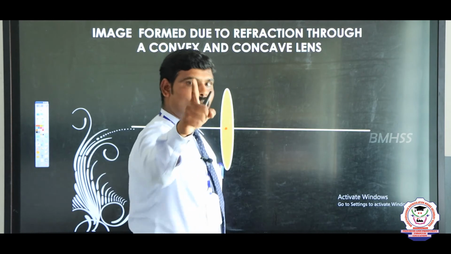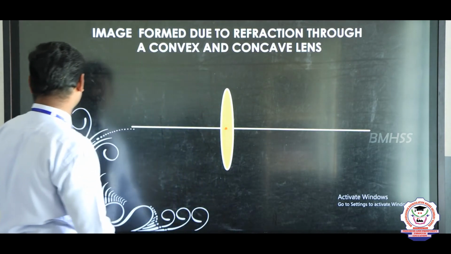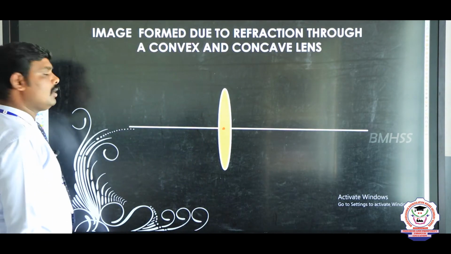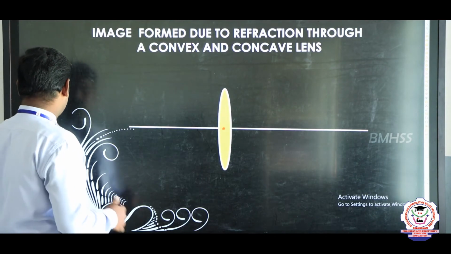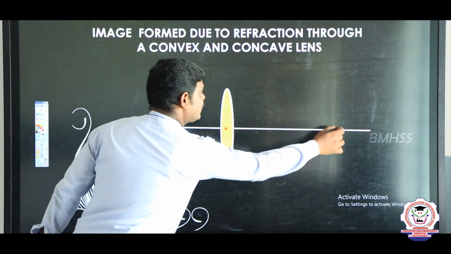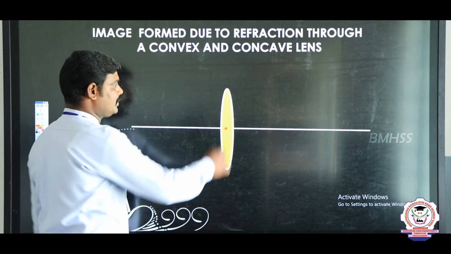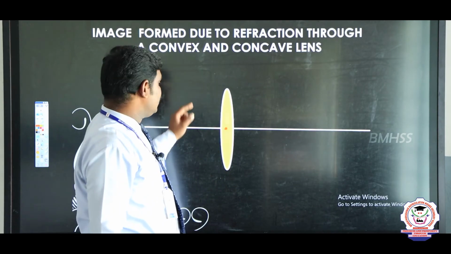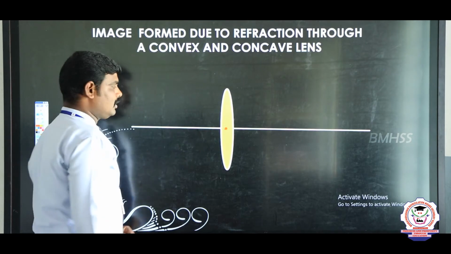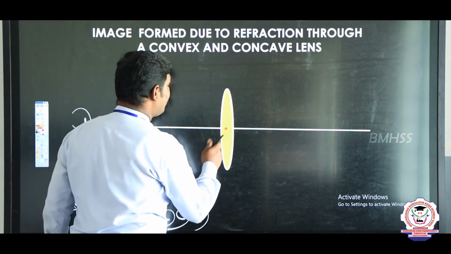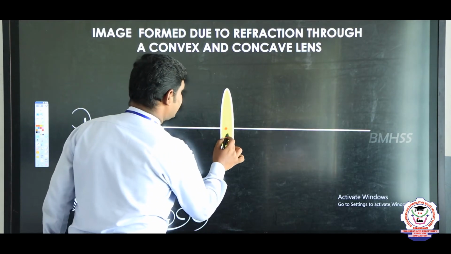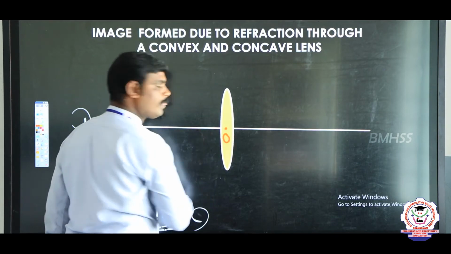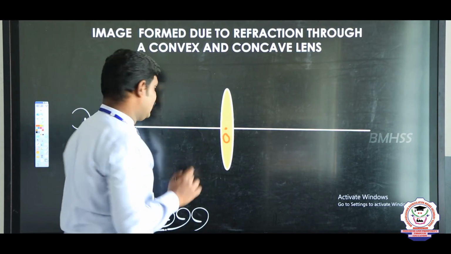So, rule number 1, the first rule. This is nothing but the optic center. This is a lens; I take a convex lens here. The center of this lens is the optic center, denoted by O, and we have two focal lengths.